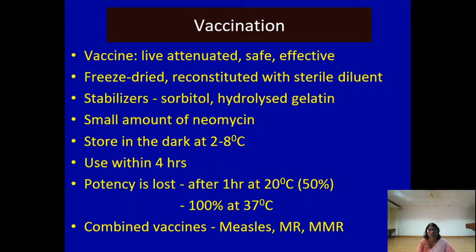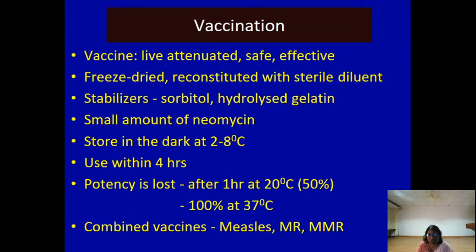Please remember, the diluents are supplied along with the vaccine, and there is also a stabilizer in the vaccine, that is sorbitol or hydrolyzed gelatin, and a small amount of neomycin, and it is always stored between 2 to 8 degrees centigrade in the ILR at primary health center, and once it is reconstituted, you have to use within 4 hours.